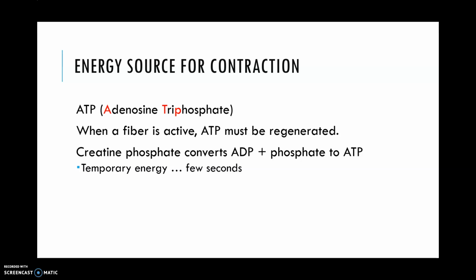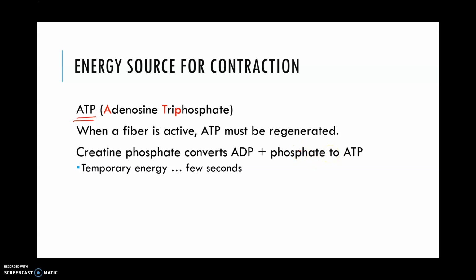Energy for a contraction is going to be with ATP. ATP is probably something you've heard before, adenosine triphosphate, so there are 3 phosphates. When a muscle fiber is active, ATP must regenerate. So with our muscle contractions, when we have ATP connect to those myosin heads, it's going to be converted to ADP plus a phosphate.